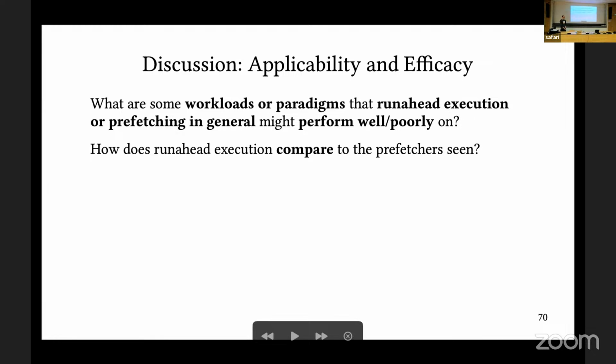I don't know, is the question clear? Can someone think of what might be an interesting workload or program or application to look at under this scope?